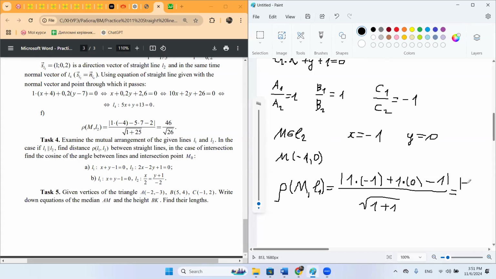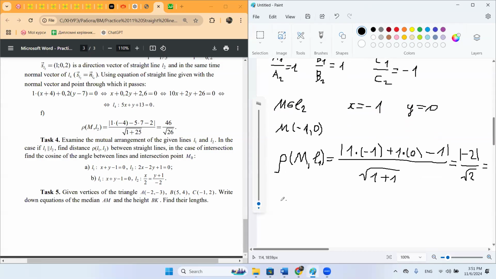So what we have, -2. So the magnitude of -2 by square root of 2. So 2 by square root of 2. And so the answer is square root of 2. And this is the final answer. Any questions about this task or no questions? No questions. Okay, if no questions, we'll have a break for 5 minutes and then solve the last task.